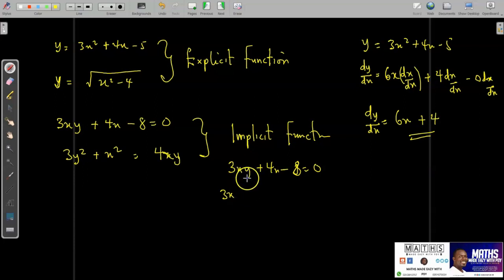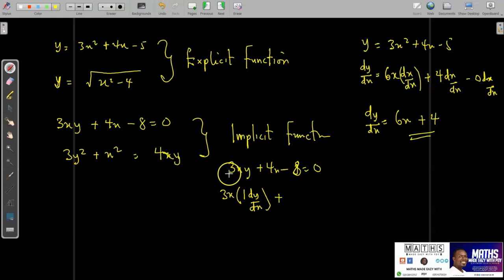X. So when you differentiate y, which has a power of 1, you multiply the power by the coefficient and then subtract 1 from the power. So you end up getting the derivative of y as 1 dy dx, because remember you differentiated with respect to what? X. Then we continue with our product rule, plus, then we maintain the second function.